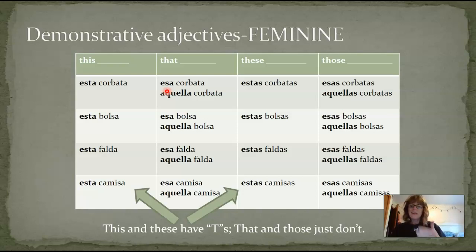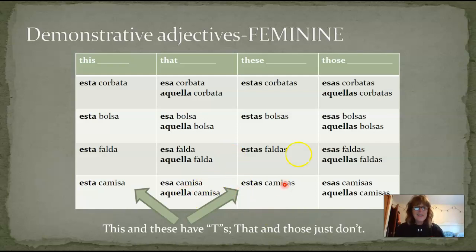But I don't really like esta corbata o esa corbata. Yo prefiero aquella corbata. Repitan, aquella corbata. Aquella bolsa. Aquella falda. Aquella camisa. There's that aquel, but now we have it feminine, so we have to make it aquella, the double L in there.